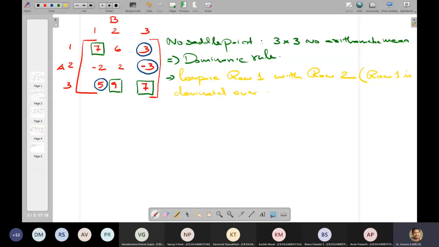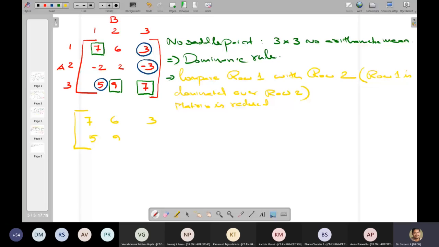Okay, so the matrix is reduced as 7, 6, 3 and 5, 9 and 7. So the row I have reduced.